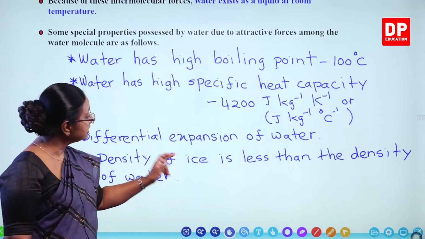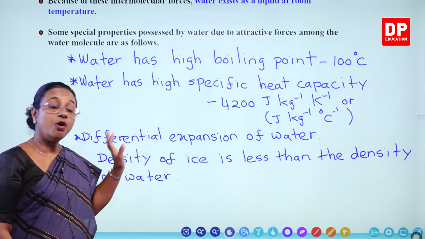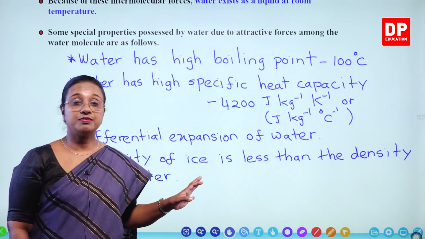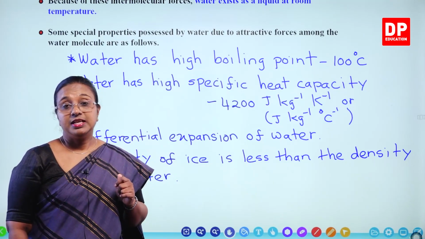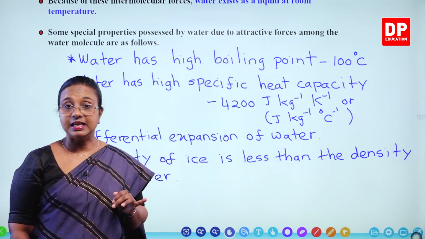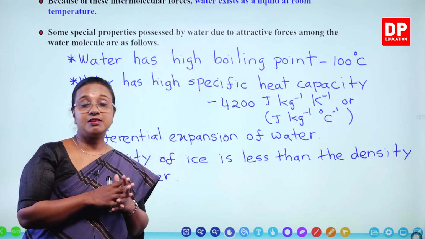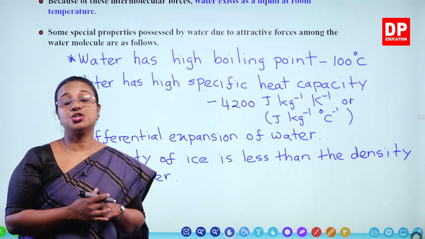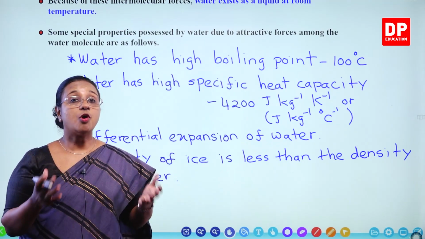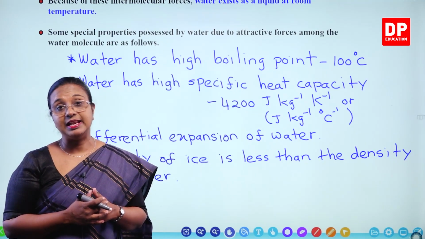That is, density of ice is less than the density of water. So all these are because of the intermolecular forces or intermolecular bonds present in water. And that again is somewhat related to the polar nature of the covalent bond. Water is a polar molecule and it has polar covalent bonds.